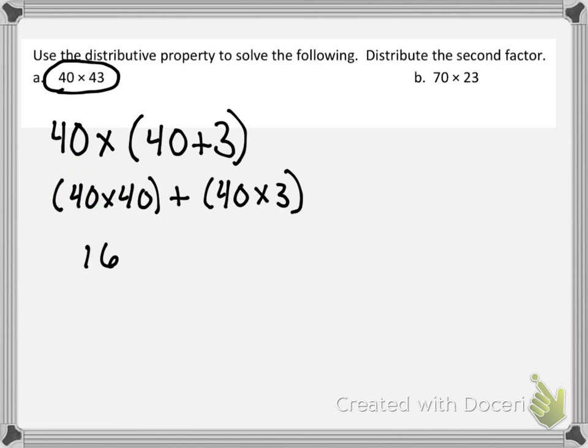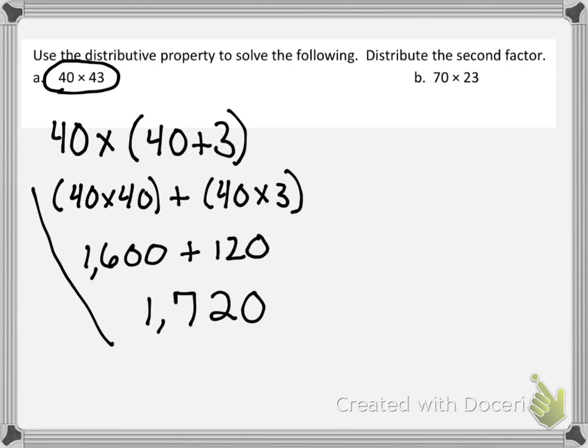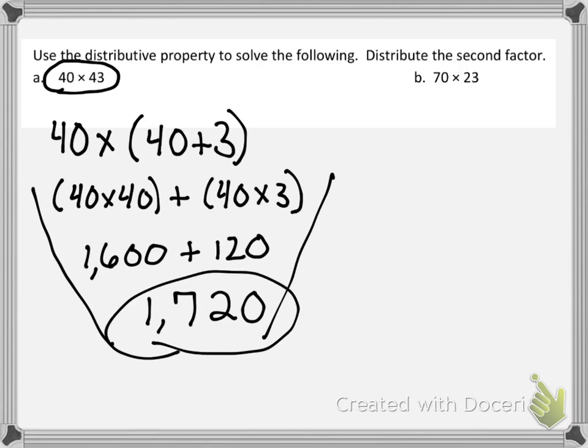We have 1, 2, so 1,600, plus 4 times 3 is 12 and your 0. And when we add this all up, we get 1,720. And look, I love my funnels when we get to the final product.